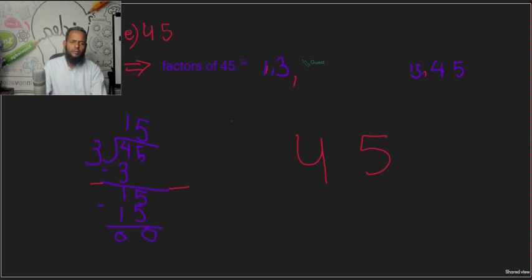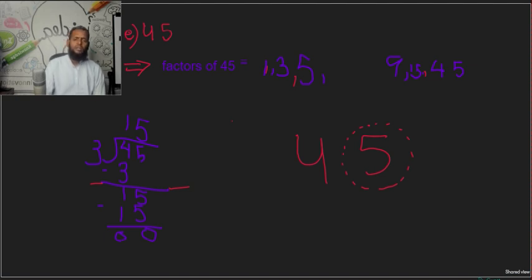Is 5 a factor or not a factor? A factor. 5 is a factor because this number starts with 5 or 0. When a number ends with 5 or 0, then 5 is a factor. Okay, good. So between 5 and 9 there are 6, 7, 8.